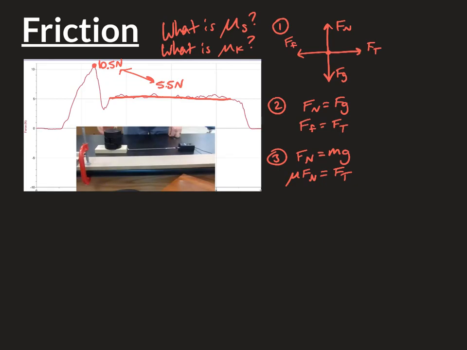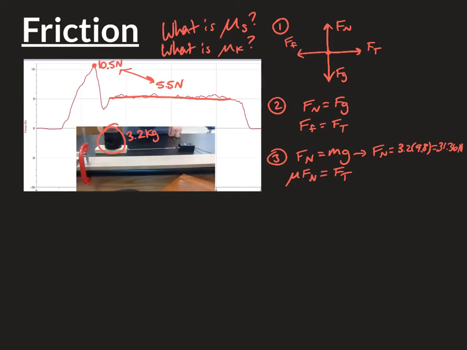So let's start plugging in numbers and see if we can solve. I'll go ahead and tell you that the mass of all three of these weights plus the block itself is 3.2 kilograms. So we can go ahead and find the normal force as 3.2 times 9.8, which is, let's see if I can fit it here, 31.36 newtons.